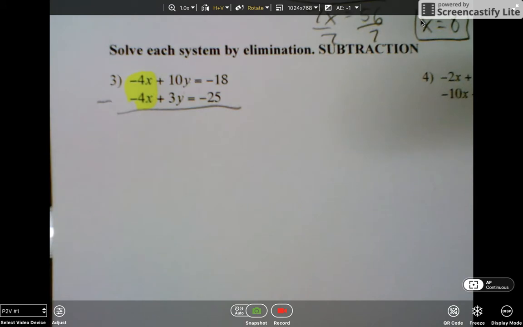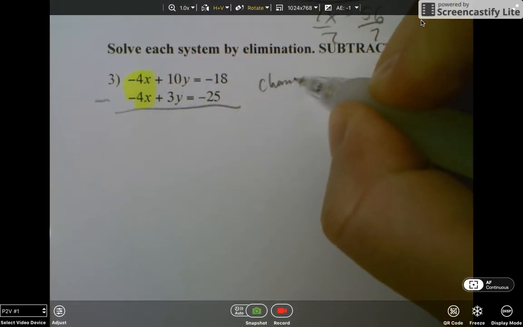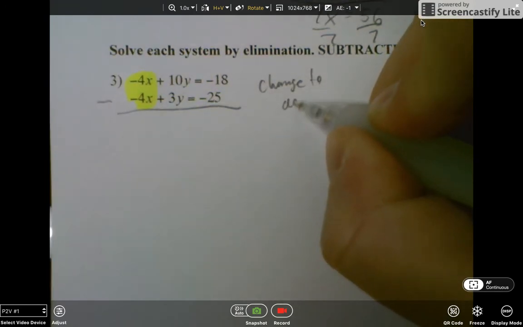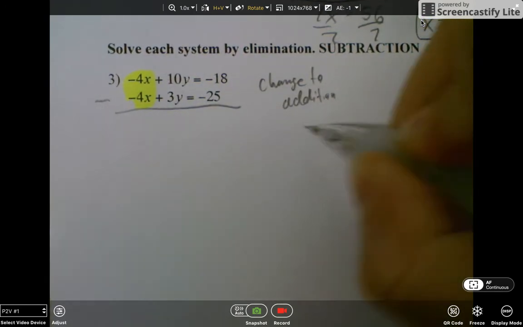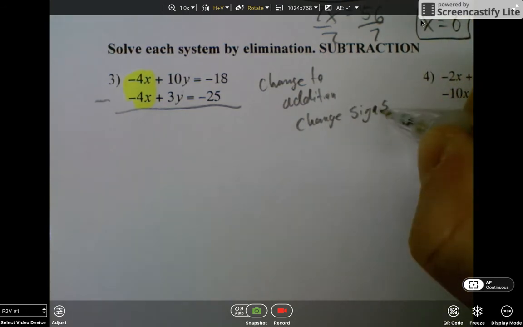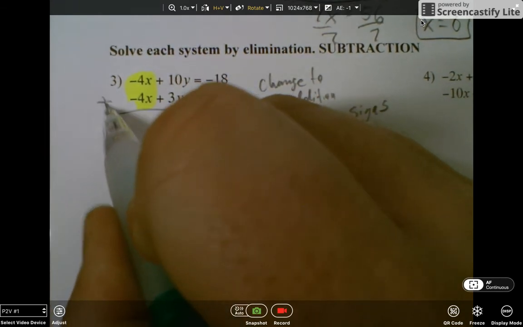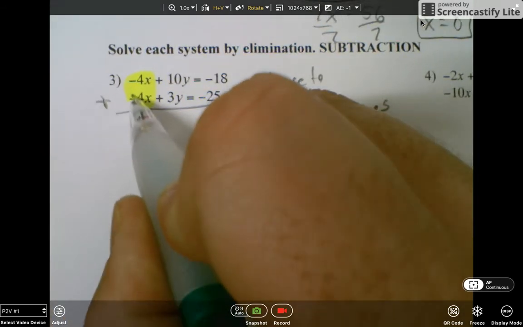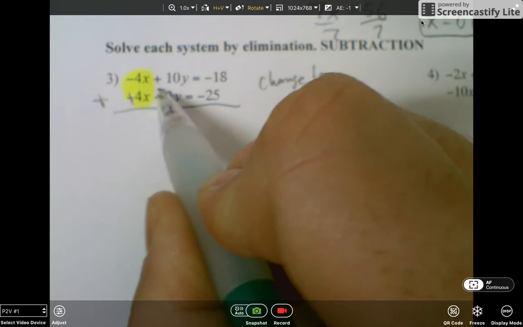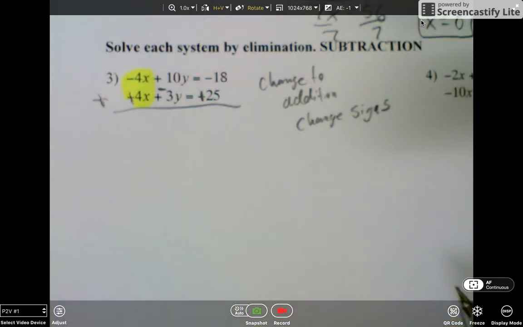But just so nothing gets confused, just like we learned in 7th grade, I'm going to change to addition and change signs. So that means I'll be left with, change this to addition, change this negative to a positive, make this a negative 3y, and this a positive 25.